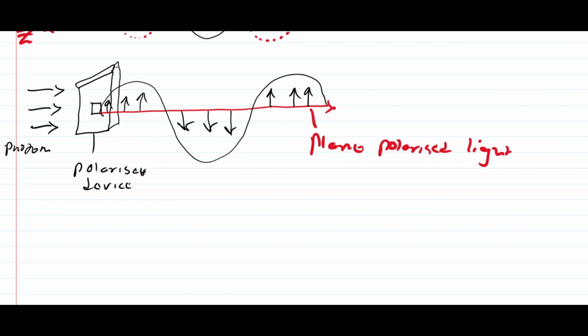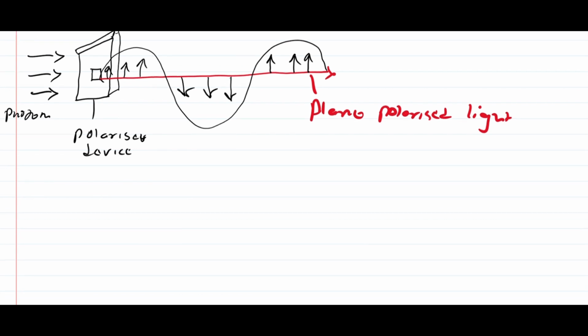And when I'm having plane polarized light, there's something that we need to know. What is the behavior? What's the relationship between plane polarized light and chiral molecules?